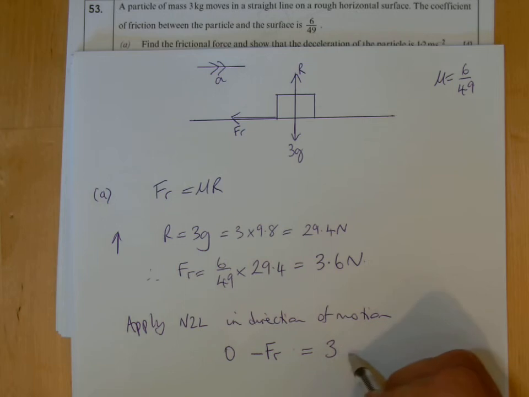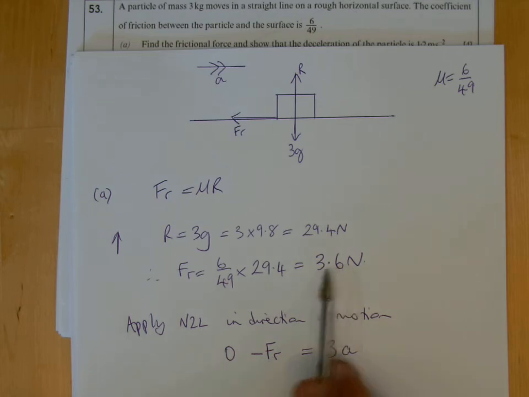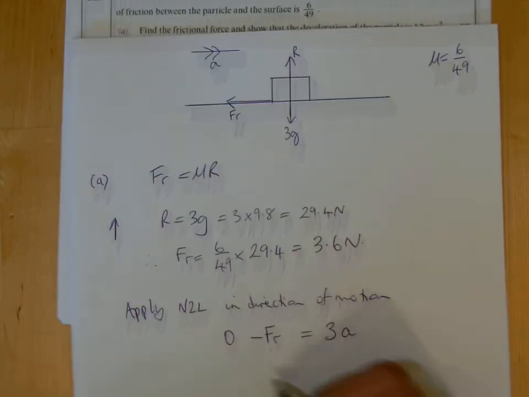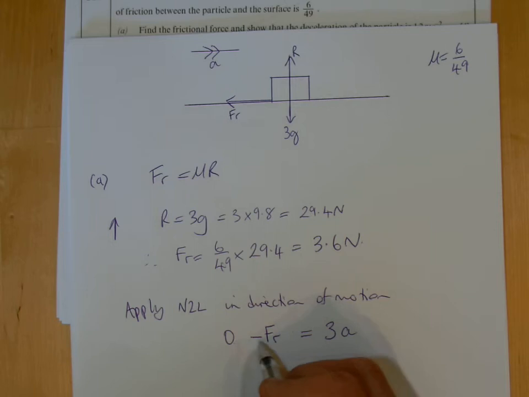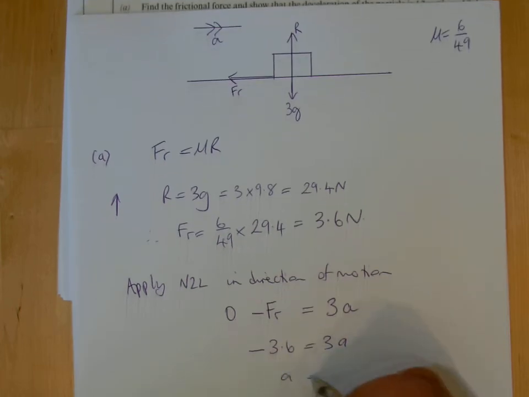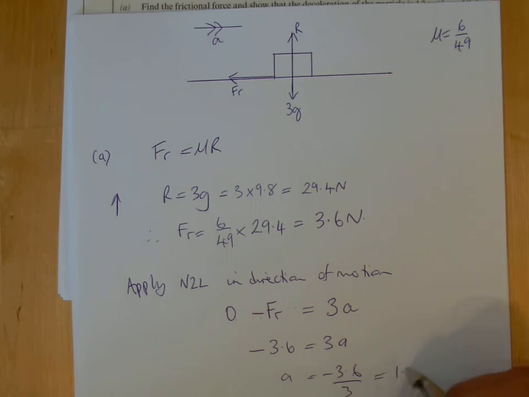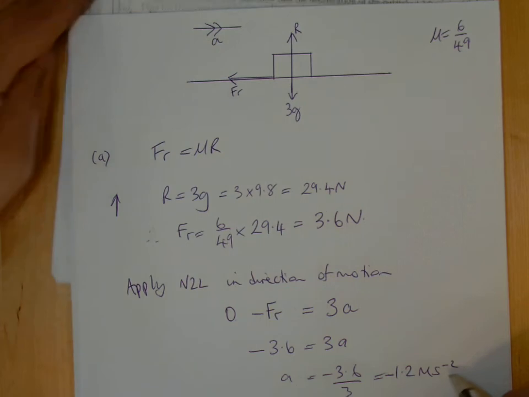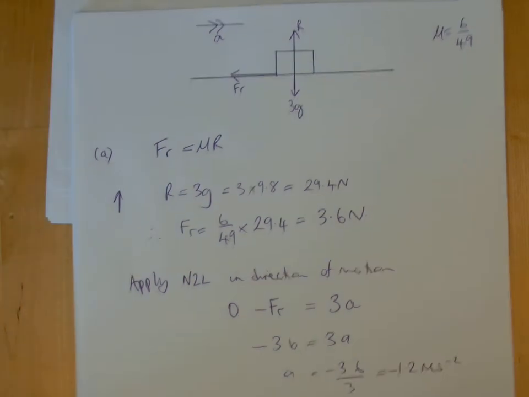So the mass is 3, acceleration we want to work out, and we know the size of the friction is 3.6. So we can sub that in. 0 take away friction is just minus 3.6, equals 3a. Therefore a equals minus 3.6 divided by 3, which is negative 1.2 meters per second squared.